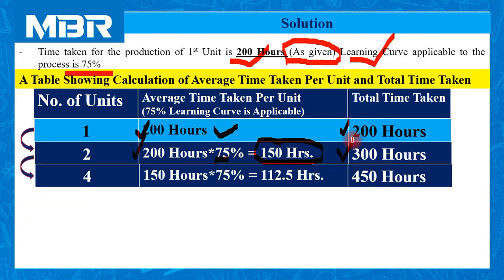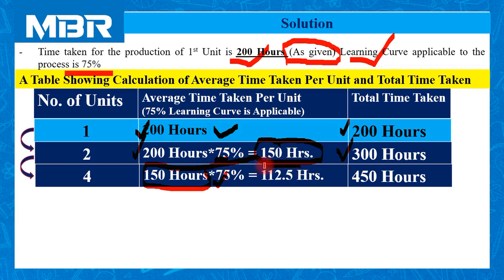Again, double the production. From 2 units doubled, so 4 units. Time taken earlier was 150 hours per unit, multiplied by learning curve 75%.